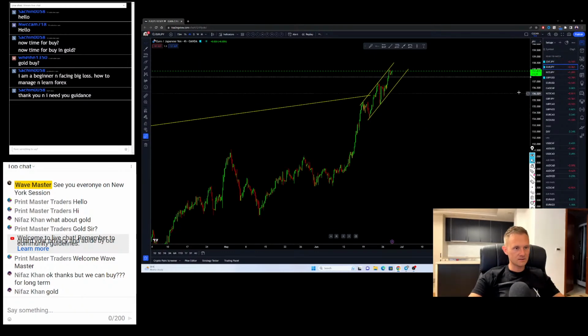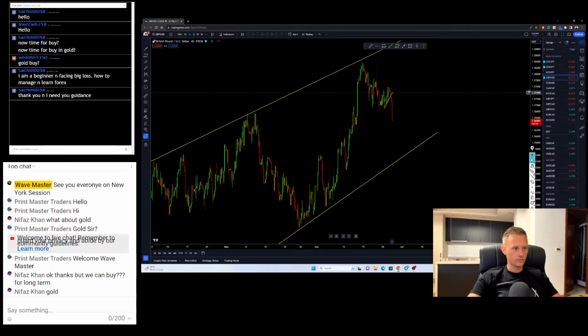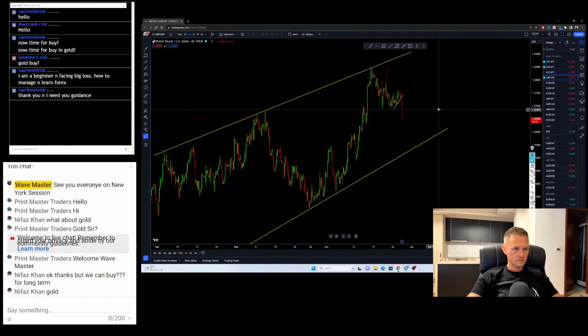The EM pairs are really something that I would love to be in and hold for a longer term. Pound USD did an amazing job. It went lower, and if you watched it closely, for the learning purpose, it went down and gave you the correction, and the chart is now following the previous impulse.